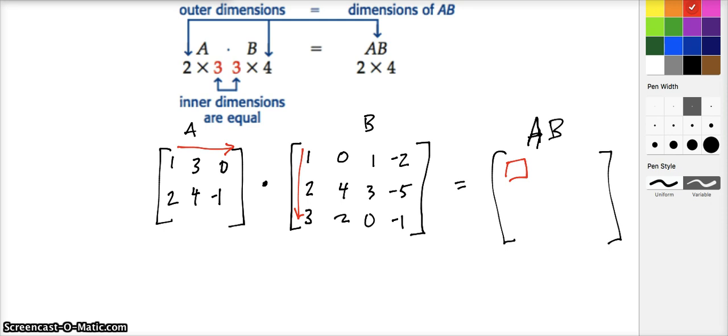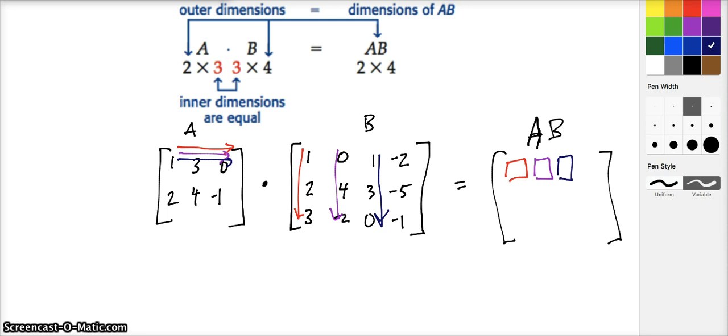So the first row, first column will give me first row, first column. First row, second column will give me first row, second column. You see what I'm talking about? Let me do it again. If I do the same thing, multiply each element in this row by each element in this column, add up those products, I'm going to put that there.